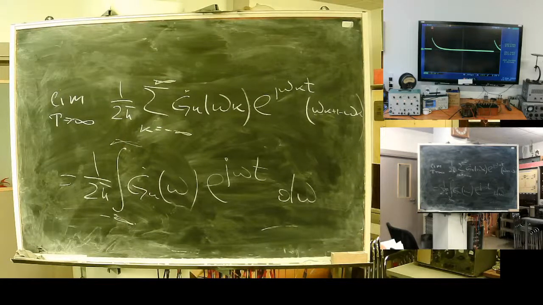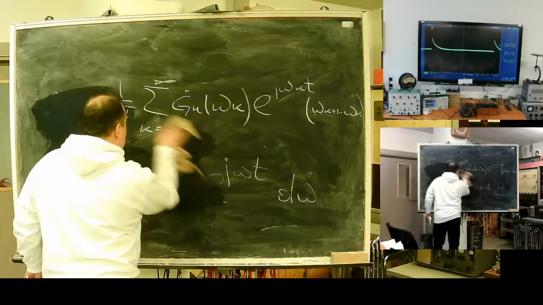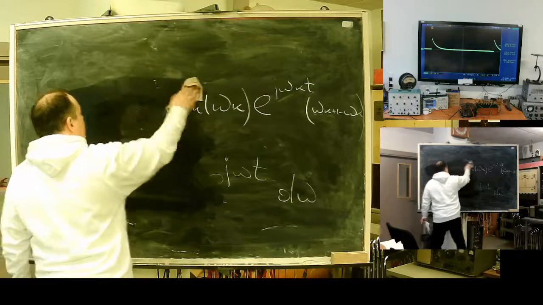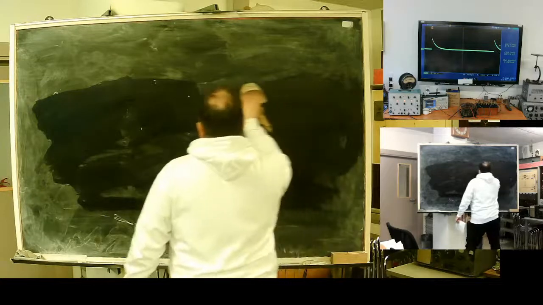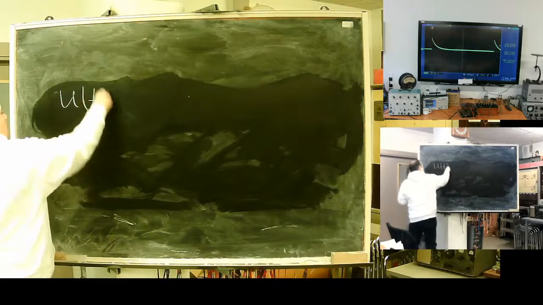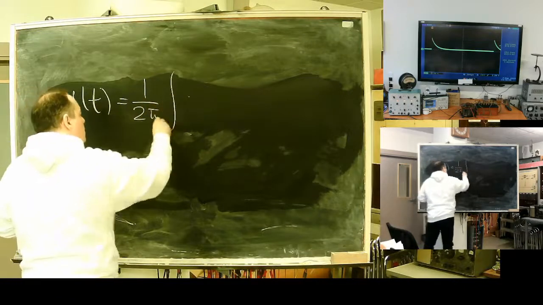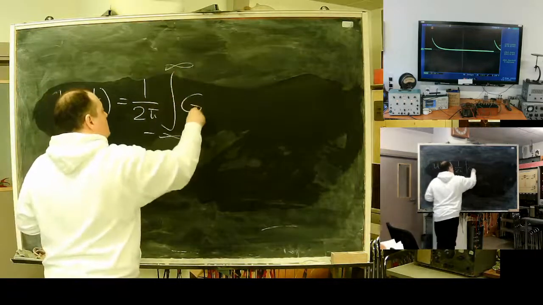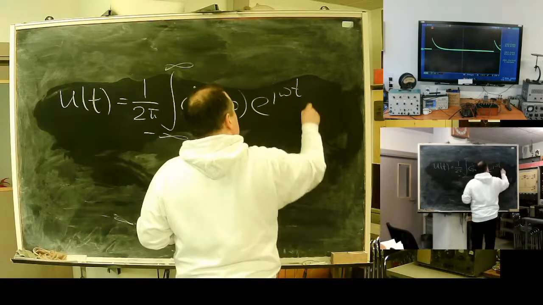Now I can write a final form. One second, I will write it in a more, let's say, aesthetic way. So my pulse will be 1 over 2 pi, the integral from minus infinity to infinity of the spectral function of frequency, e to the power j omega t, d omega.